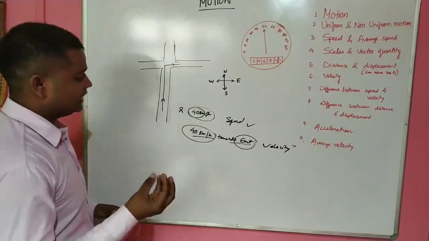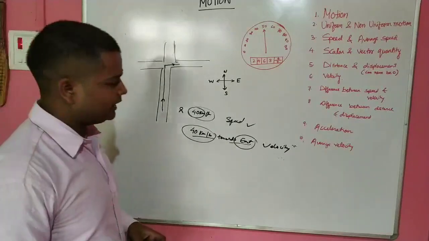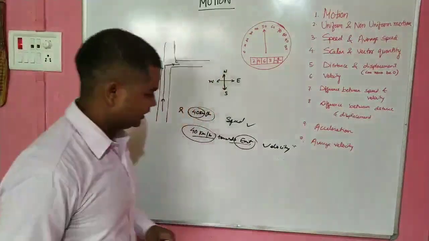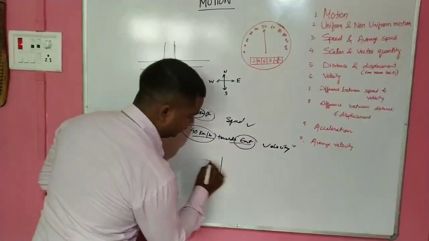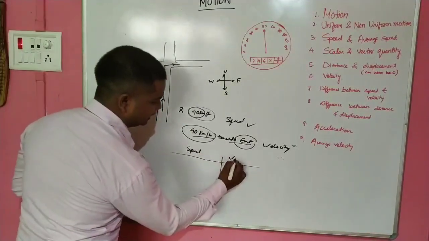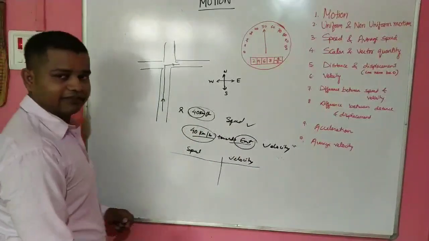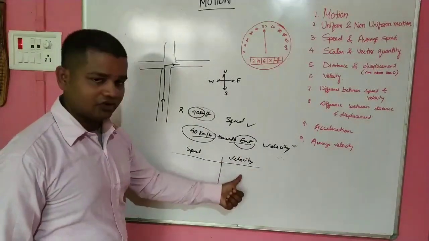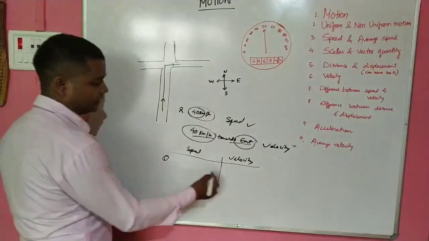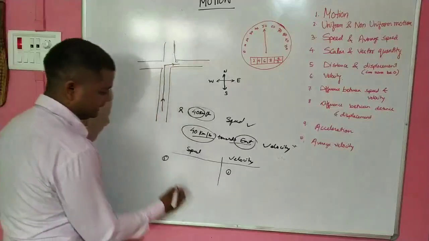Frequently, a question is also asked in examination: what is the difference between speed and velocity? So, it is very easy. You don't have to memorize it. I already told you the definition of speed and the definition of velocity. So in the first point, you can write the definition of speed and velocity.